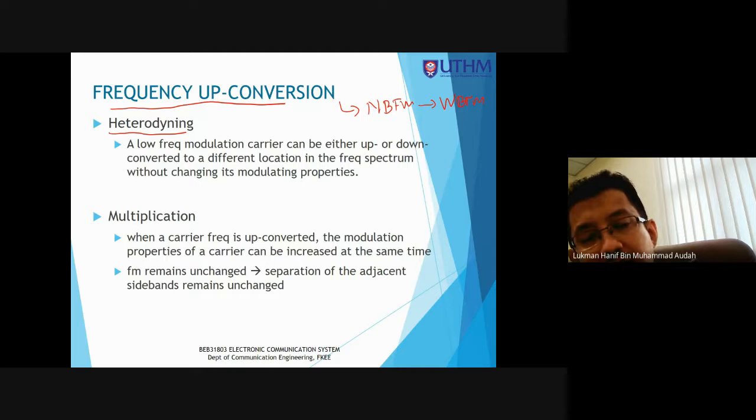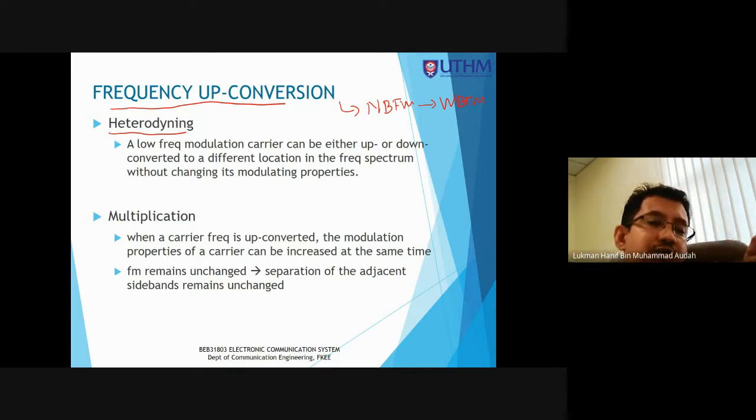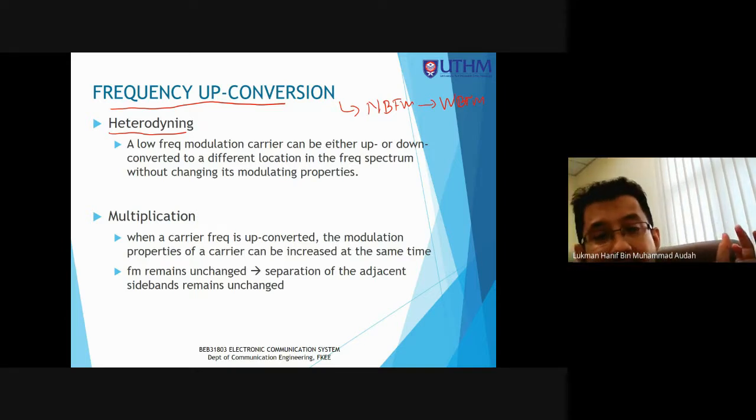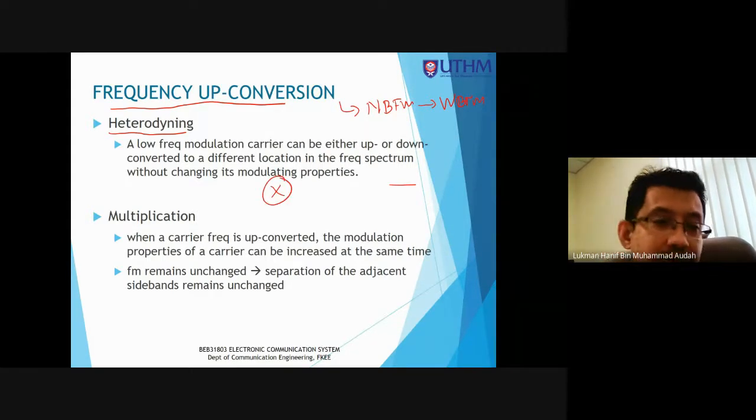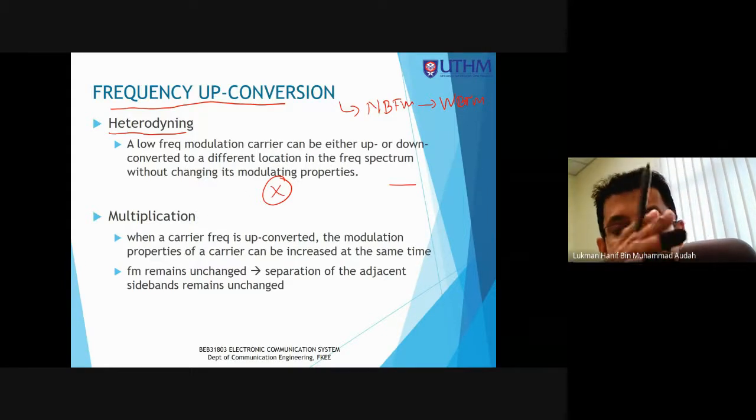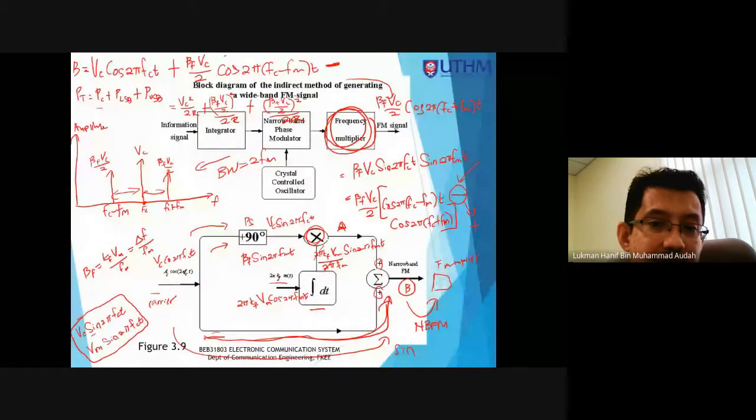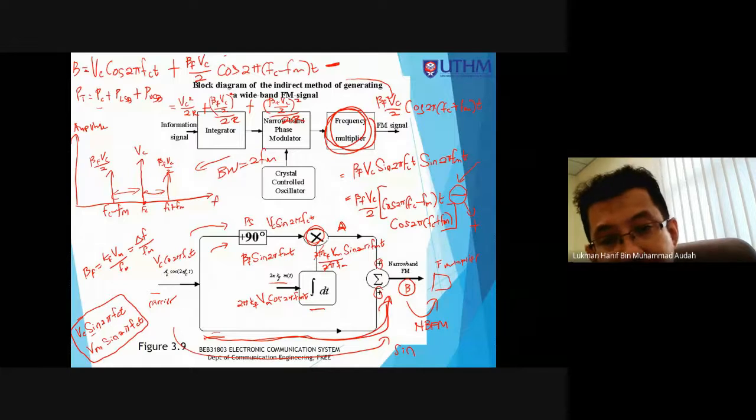Remember, if we do the multiplication in mathematics, we're going to produce low frequency and high frequency. Lower sideband and upper sideband. Adanya upper sideband itu maknanya ada frekuensi yang lebih besar. Okay, that's the heterodyning. Nanti akan ditunjukkan bermakna dia gunakan proses multiplications. Multiplication, what I mean here is using the multiplication like the balance modulator, seperti yang ini yang simbol X ini.